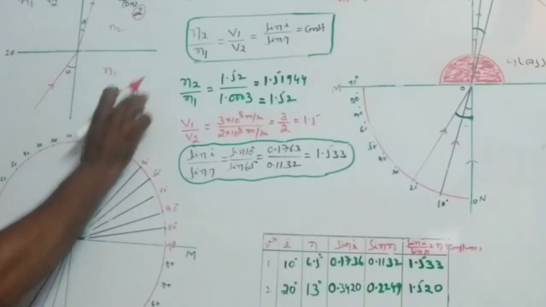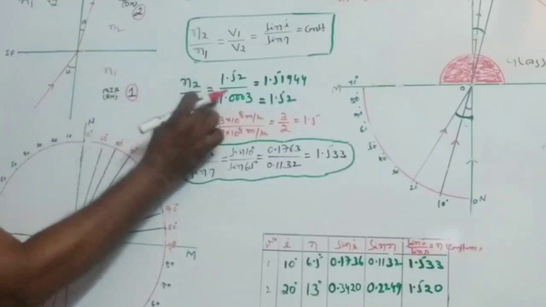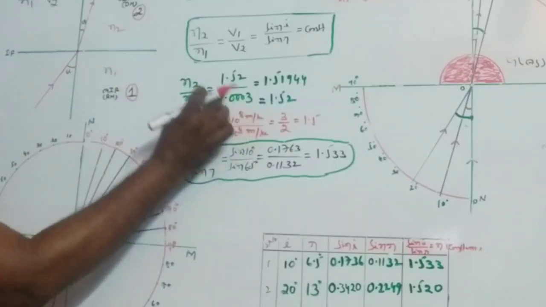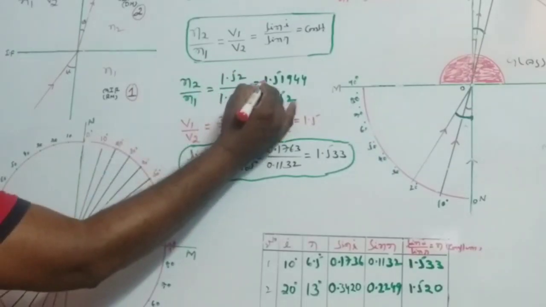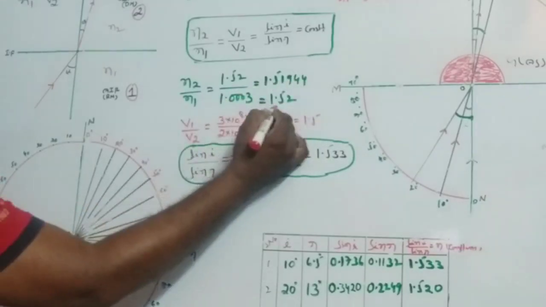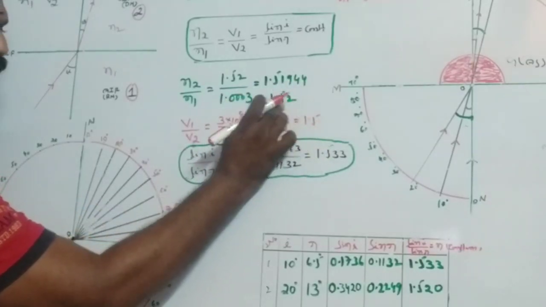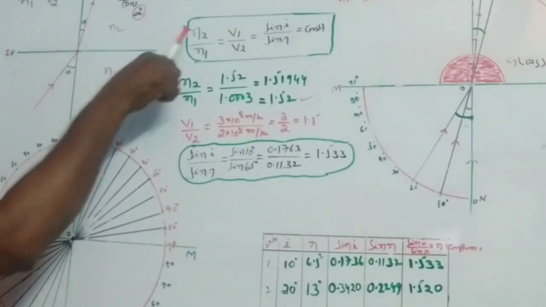Medium 1 is air, and the air refractive index is 1.0003. Now 1.52 by 1.0003 gives 1.51944, which is approximately 1.52.